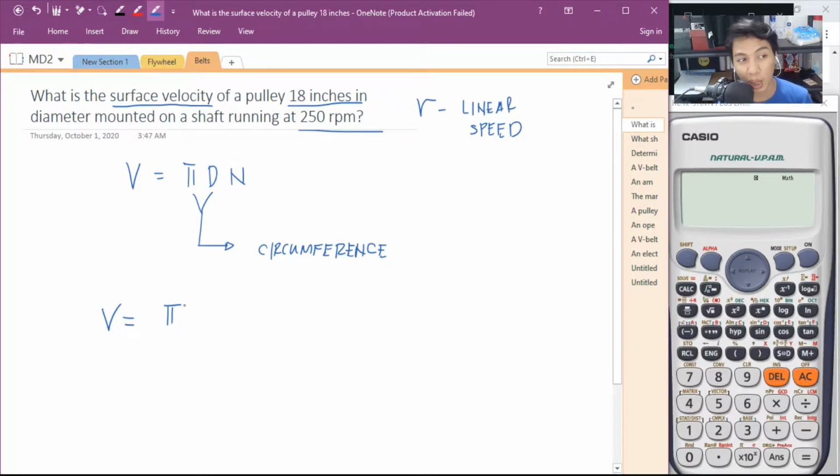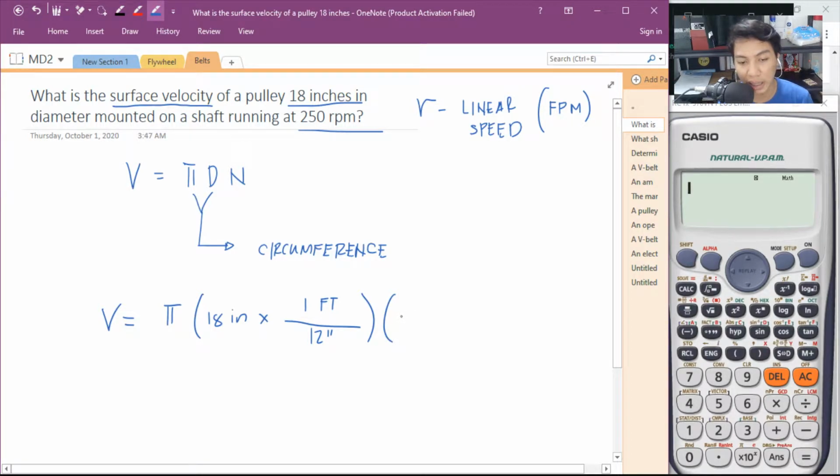Pero ang kailangan natin palagi kapag surface velocity, hindi man sinabi dito yung unit, that is feet per minute or FPM. Okay, pi multiplied to 18 inches multiplied to ilang feet ba per inches? So, you have 1 foot per 12 inches. Now, multiply natin siya sa rotating speed. That is 250 RPM.